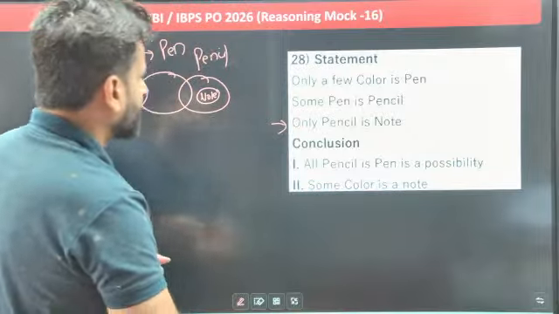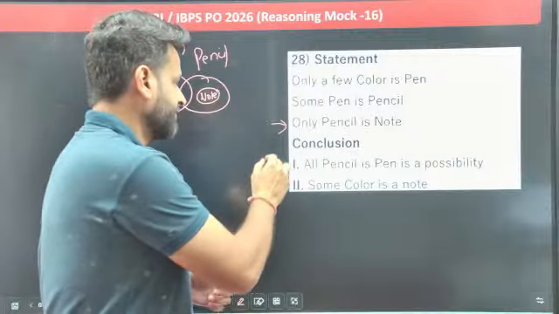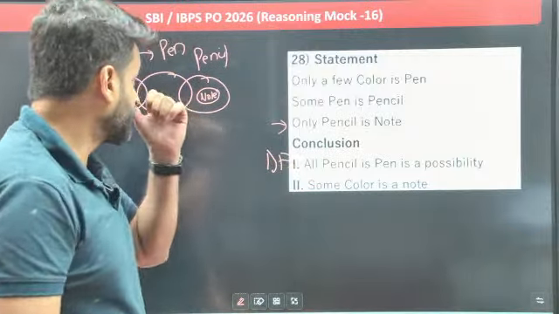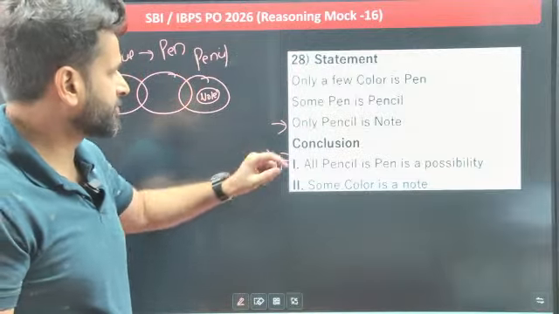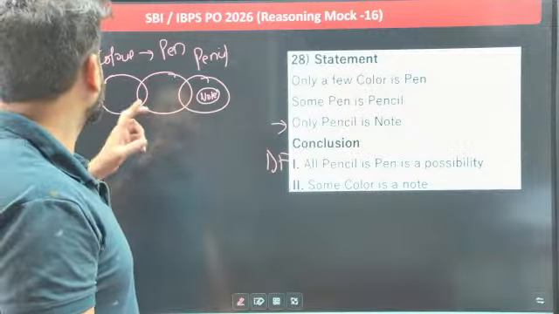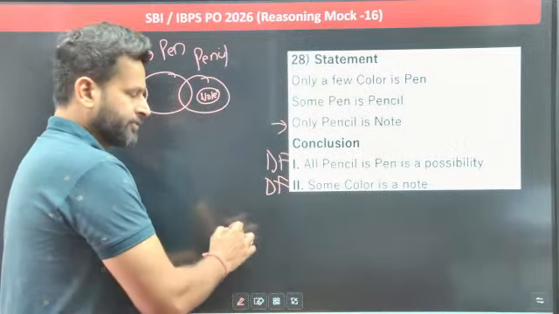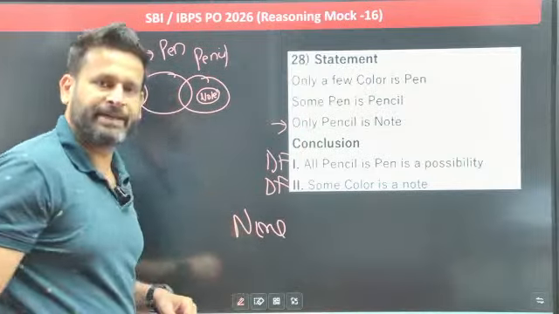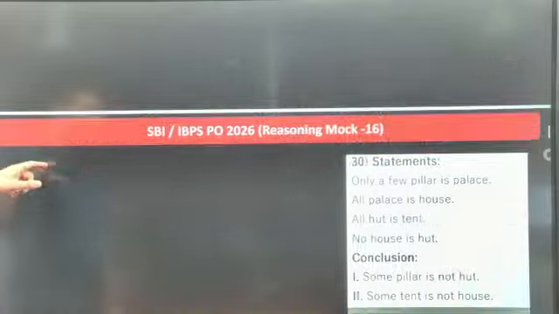Now, all pencil is pen as a possibility is definitely false. If you try to place complete pencil, note will also go, but note cannot go because note has a relation of only with pencil. Some color is note, some color is not, even in a case of possibility, definitely false. So overall your answer will be none of the given conclusions follows. None follows.